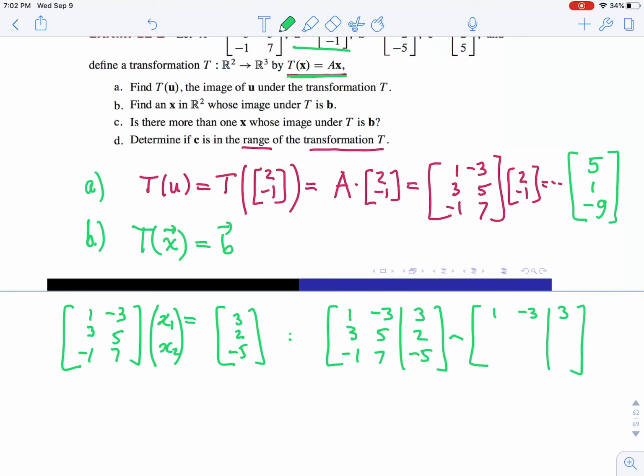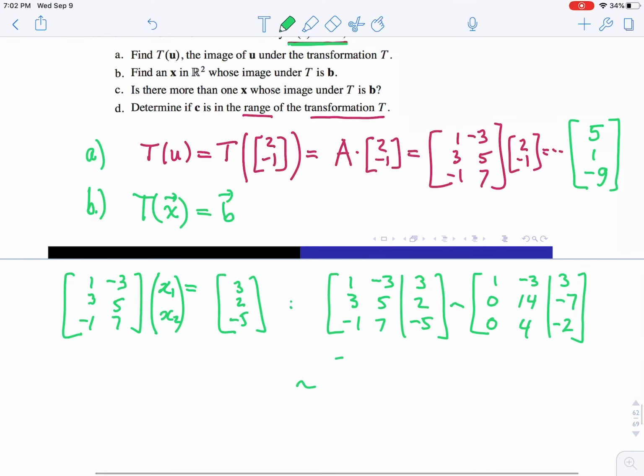Maybe I do the middle row minus 3 times the first, so that's going to be 0, 14, -7. And then maybe I add the first and the third, so I get 0, 4, -2. And you can skip ahead in the video if you don't like watching me do these steps.